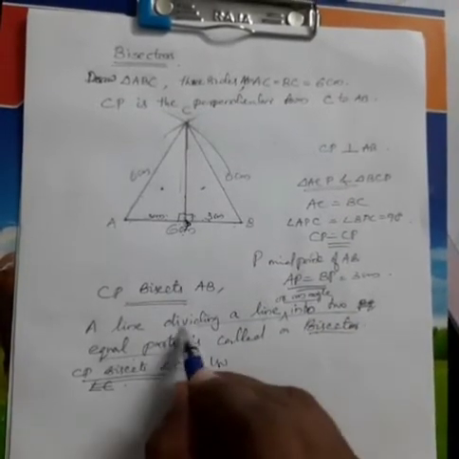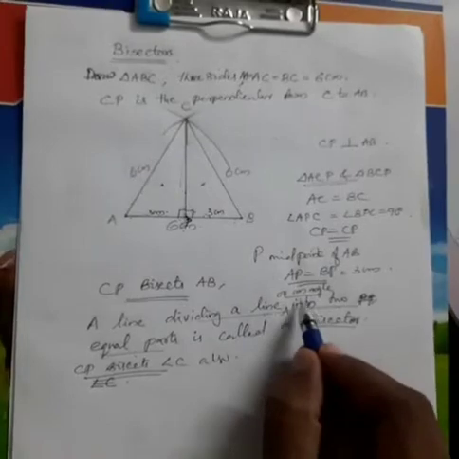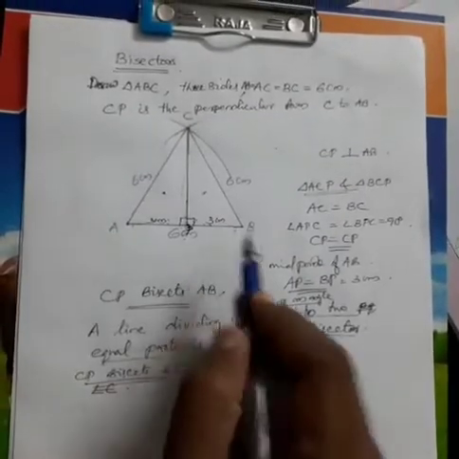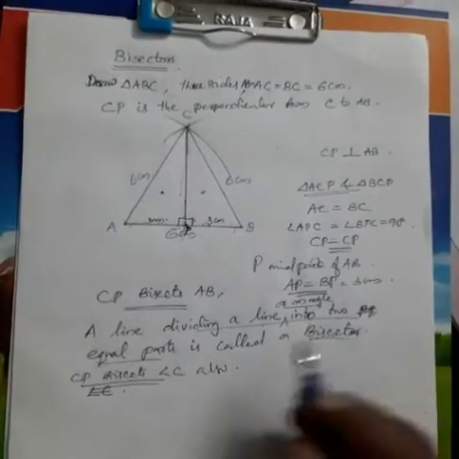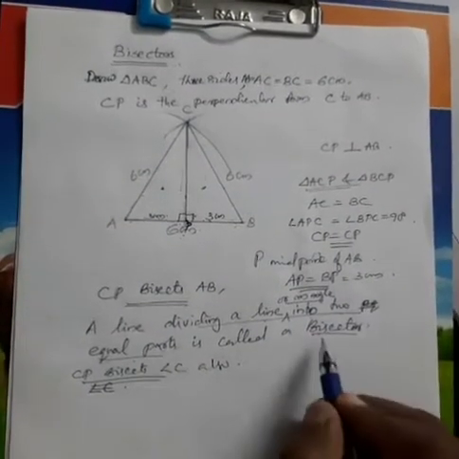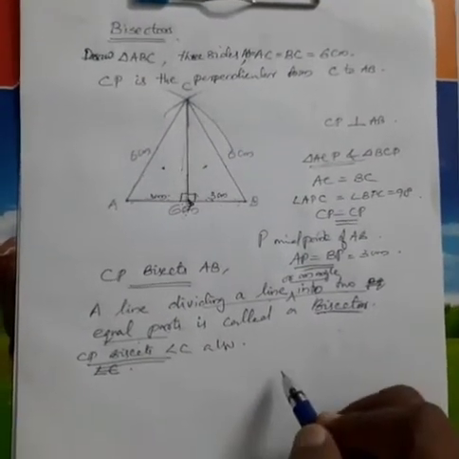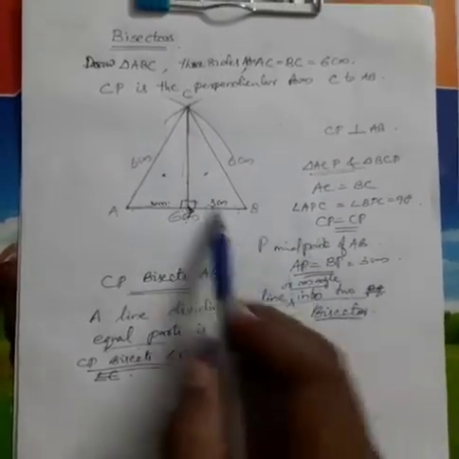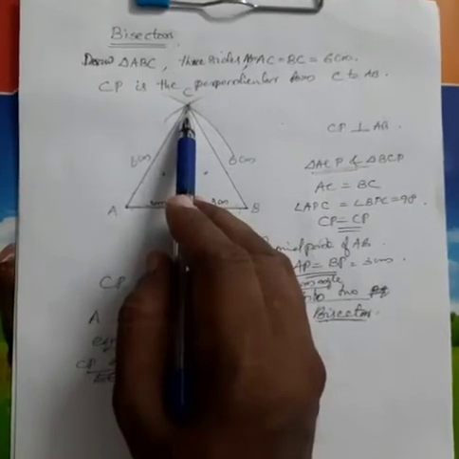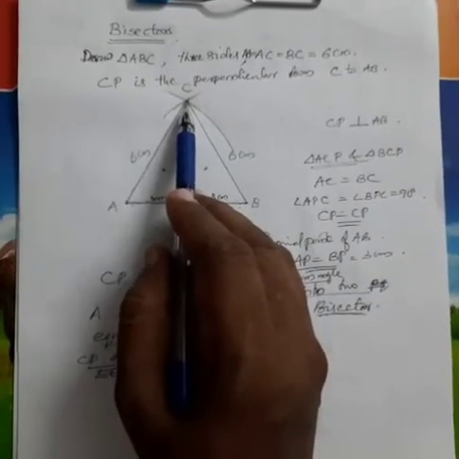A line dividing a line, that is AB, or an angle, that is angle C, into two equal parts is called a bisector. If the side bisects, we can say side bisector. If the angle bisects, we can say angle bisector.